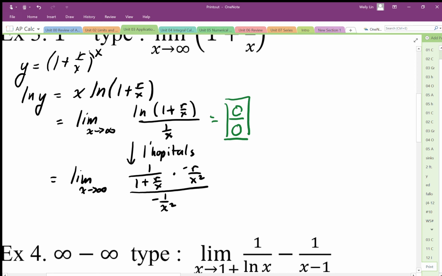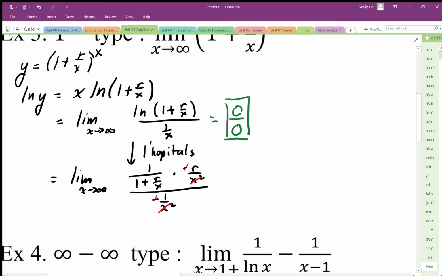Okay, so then I can cancel out those x squareds, and I end up with this expression, which I think I can substitute in at this point. Yeah, it looks like I can. So I'm just going to clean this up. So those negatives cancel out, the x squareds cancel out. So I'll show that algebraically here. So I end up with r over 1 plus r over x.